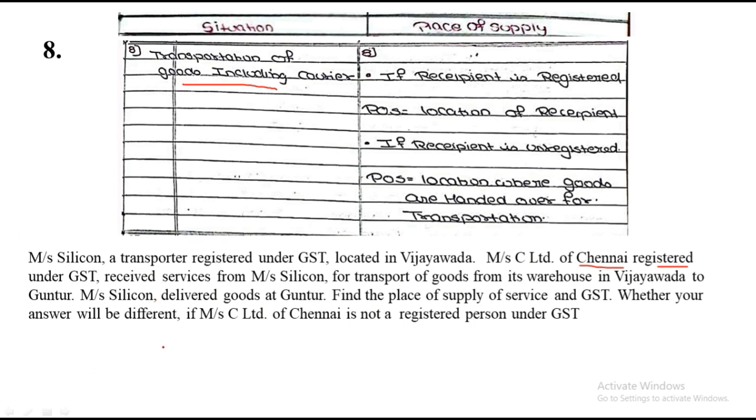So here it's transport of goods from his warehouse in Vijayawada. Silicon handed over the goods in Vijayawada to be transported to Guntur. So in our second case, Vijayawada will be the place of supply. So if he is a registered person, number one, Chennai. If he is not, Vijayawada will be the place of supply. Okay, that was situation number 8.